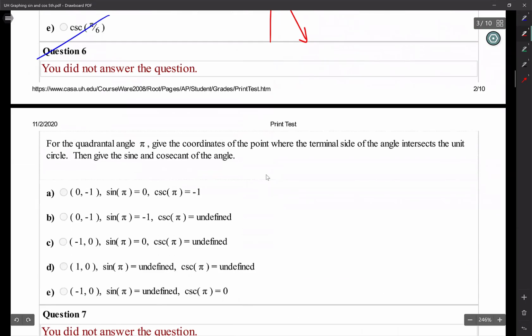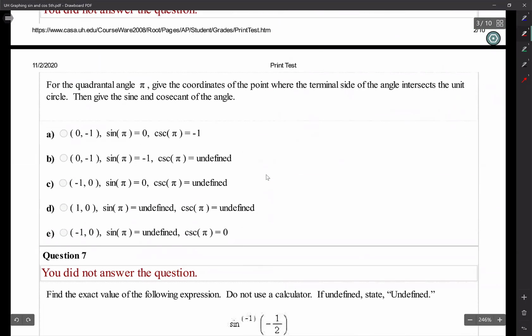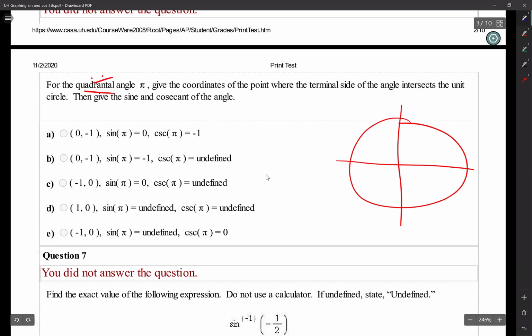All right, guys. It says for the quadrantal angle pi, give the coordinates of the point where the terminal side of the angle intersects the unit circle, then give the sign of cosecant of the angle. If you don't understand what quadrantal angle means, it's just a fancy word for saying one of these 4. Quad means 4.